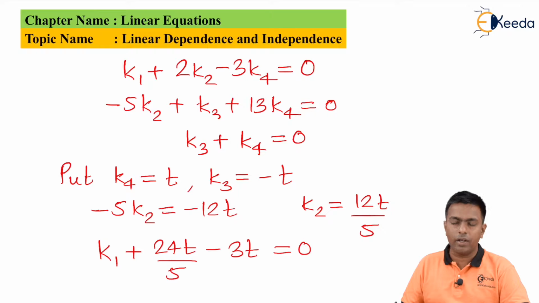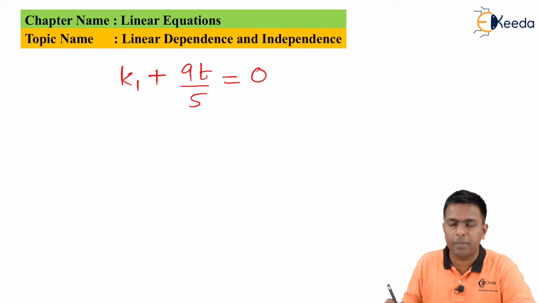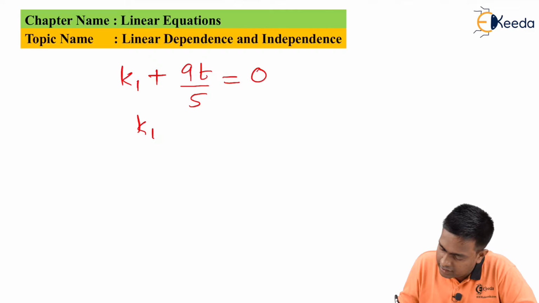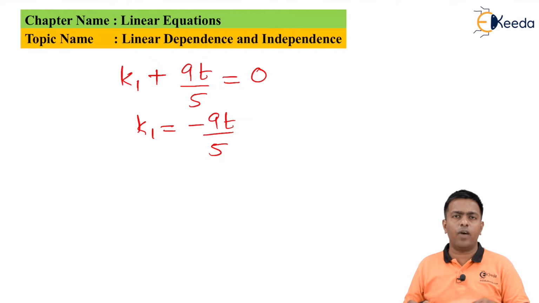So 24t minus 15t is nothing but 9t. So we'll get k1 plus 9t upon 5 equal to 0, and that is why we can say that k1 is equal to minus 9t upon 5. So guys, here we got all the values, that is k1, k2, k3 and k4.